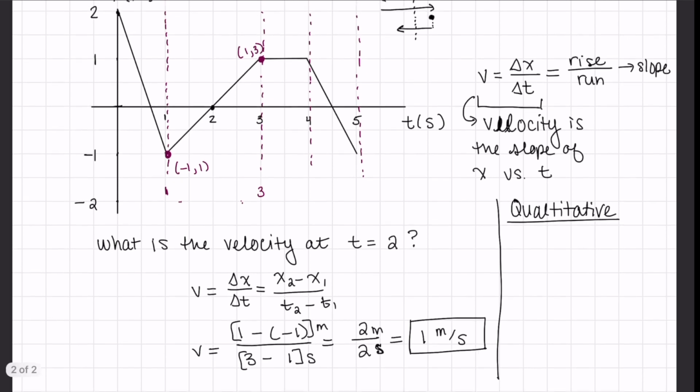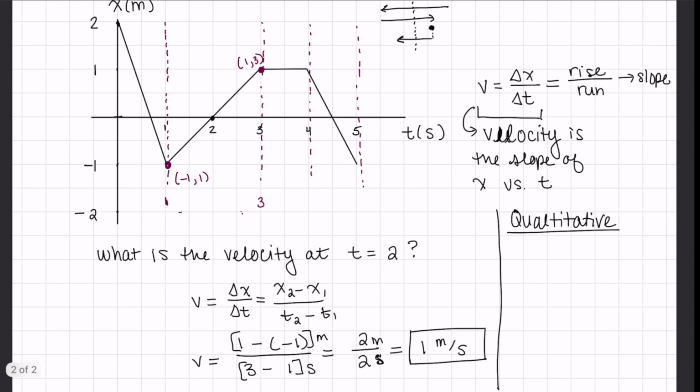However, it's also very common that you could be asked to list or pick all the time intervals where the velocity is negative. So in that case, you wouldn't necessarily need to actually calculate anything, but keeping in mind the fact that velocity is still equal to slope, you can look at the slope of the graph and then determine things about the velocity.